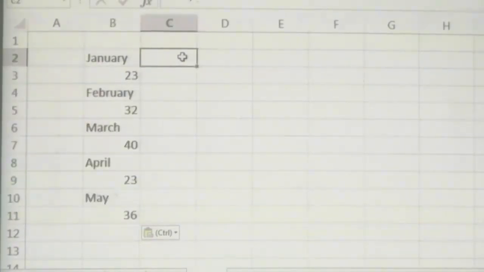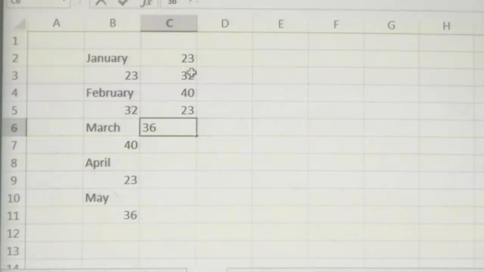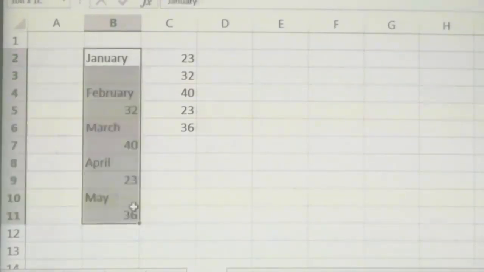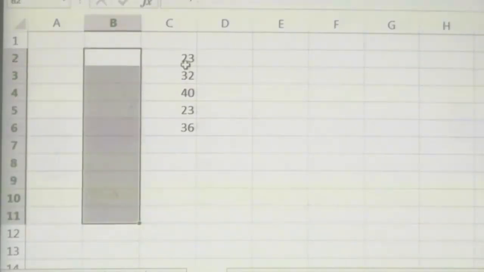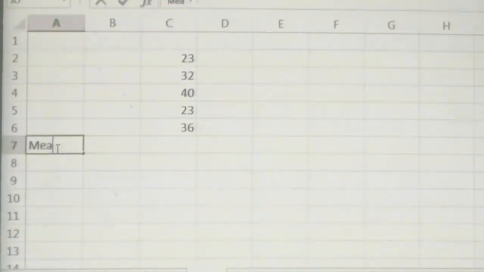Let's take the figures here: 23, 32, 40, 23 and 36, right? For the 5 months, these are the figures. Number 1, they are asking for the mean. Mean is the average. Therefore, we can calculate the mean as the average.